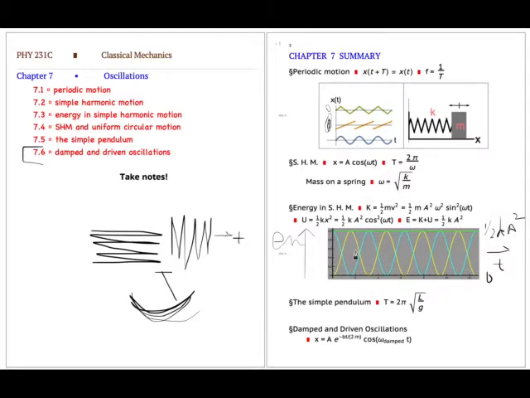Or when the potential energy is at the halfway point, the kinetic energy is also at the halfway point. And as for the total energy, that's the green curve. The total energy is a constant. So the graph of total energy will just be a horizontal straight line equal to 1/2 k A squared.